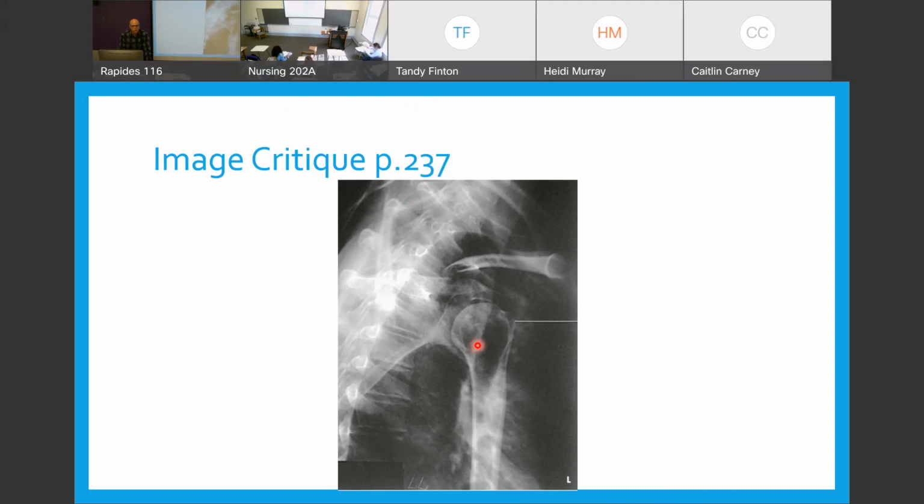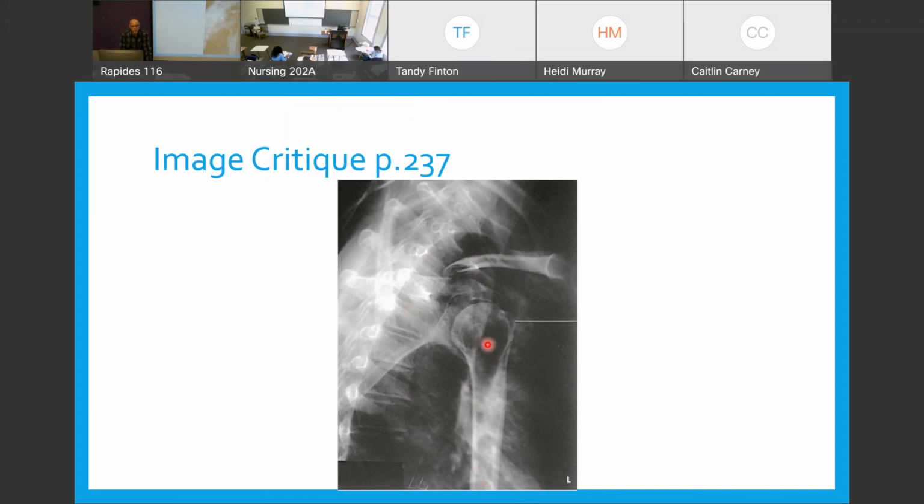Do you see the whole humerus or do you see half a humerus? Did you say the whole? Okay, we see the proximal half of the humerus being demonstrated through the chest cavity known as the thorax. It's black around it.